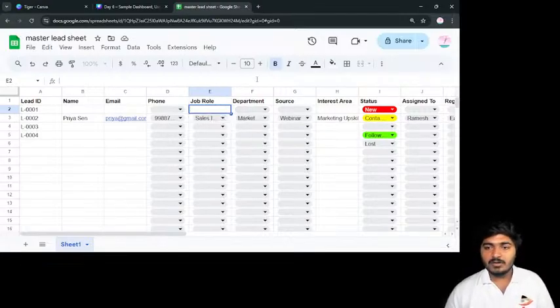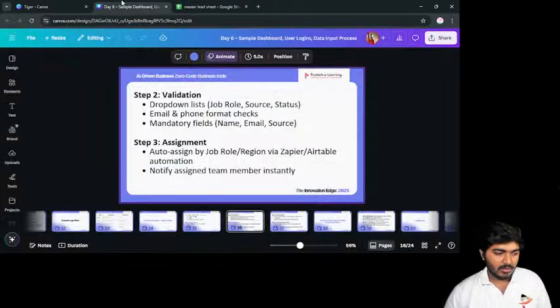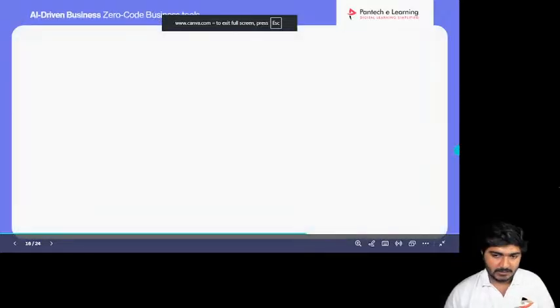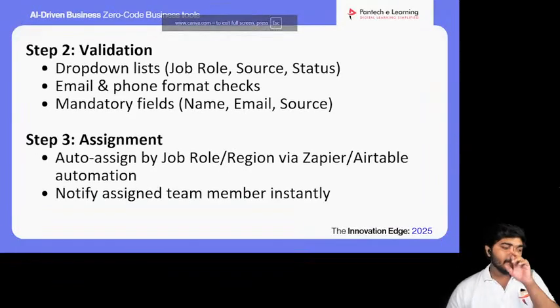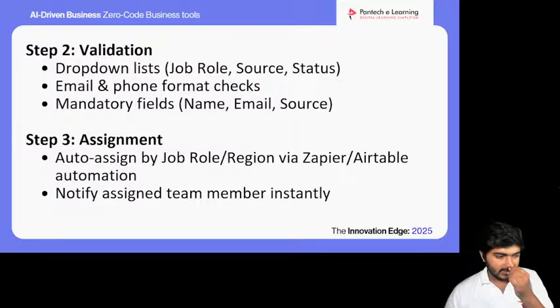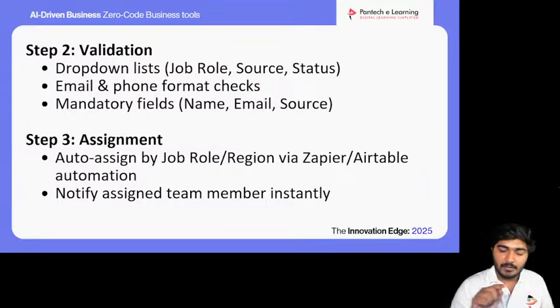Like that only, we have to make data validations in that data. It can be anywhere. So drop-down lists for job role, source, status: we have to make all the options in a drop-down way, so that the leads or the people can only apply the given options, so that they can only access the particular elements we have given.